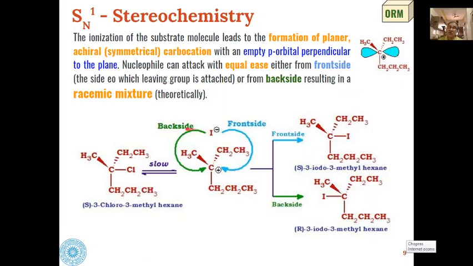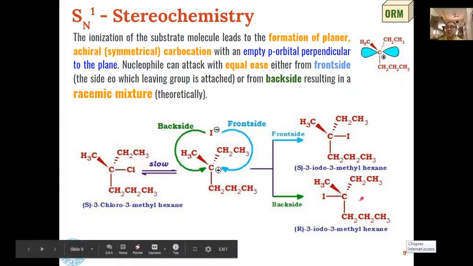Whereas when the iodide ion attacks from the back side, it will get attached to a position opposite to where the leaving group was attached. That means the configuration of the product formed will be opposite to what it was in the reactant. So here it was S, now the product will be R.